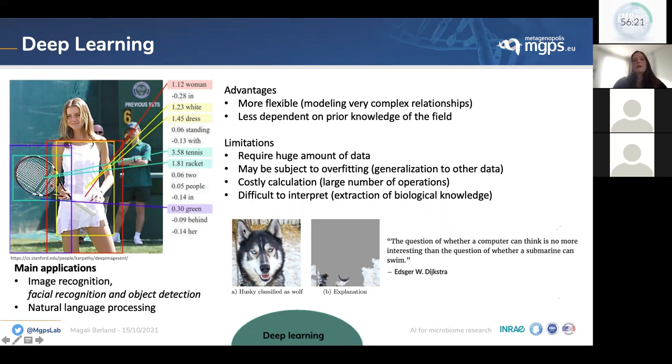It's only encoded sometimes in a very surprising way. So I took here to illustrate this a famous quotation that says, the question of whether a computer can think is no more interesting than the question whether a submarine can swim. But even with this limitation, deep learning performance remains tremendous.